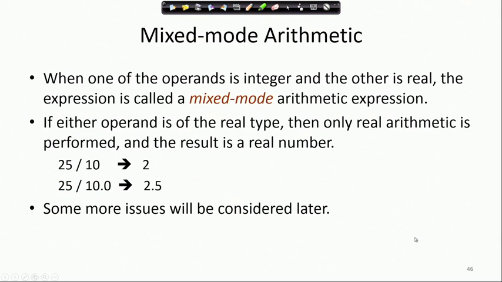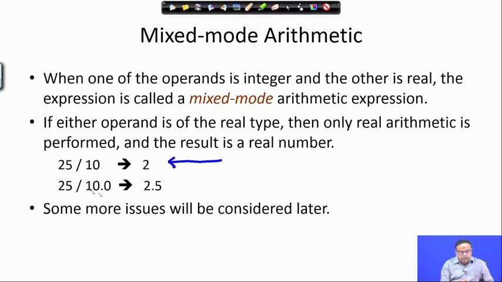Now, we can also have mixed mode arithmetic, where some of the operands are integers and some are float, or real. In that case, we call it a mixed mode arithmetic expression. If any of the operands is of real type, then only real arithmetic is performed and the result is a real number. This example will make it clear. Look at the first one, 25 divided by 10.